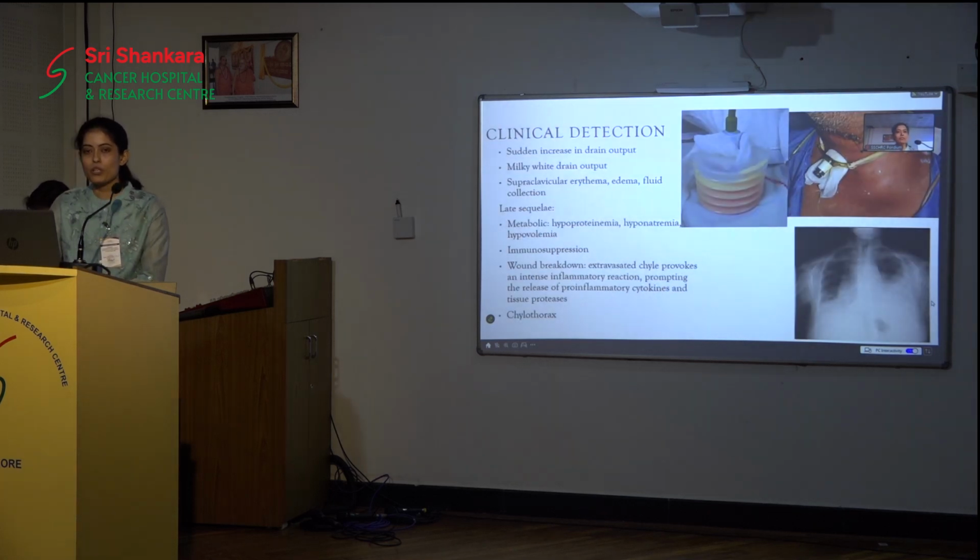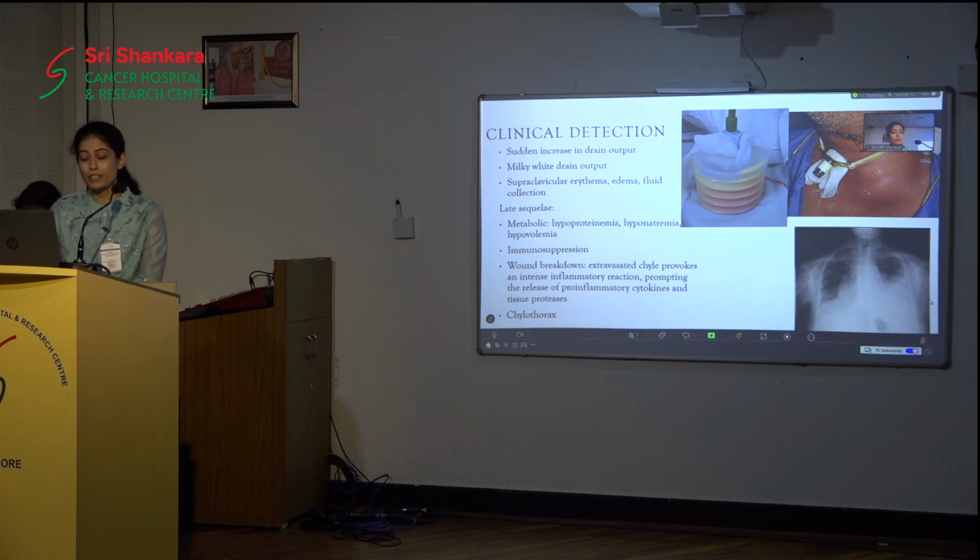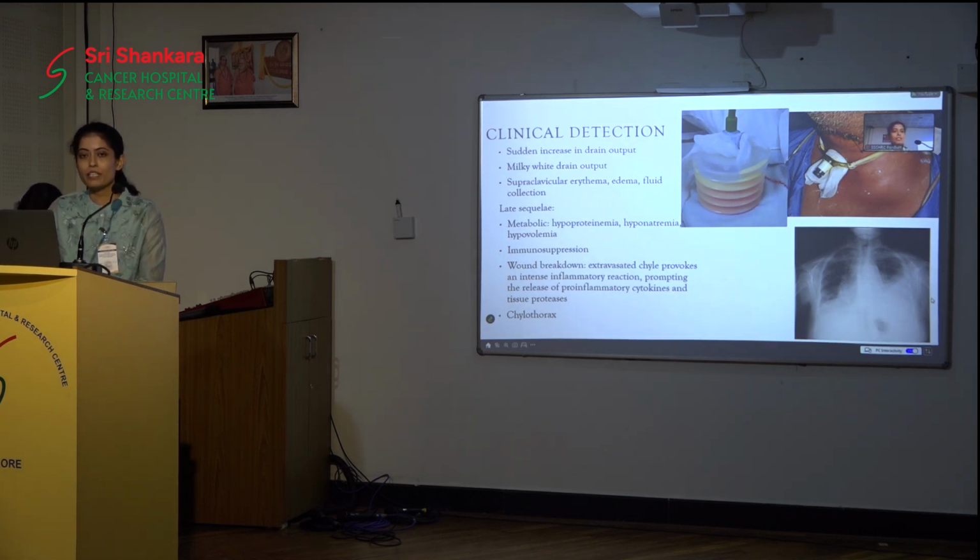Postoperative identification is mainly clinical. It typically manifests after the enteral feed has been resumed. You will have a sudden increase in the drain output. It will typically have a milky color, and you can also see a supraclavicular fullness. If the chyle leak has been there for a very long time, the overlying skin starts showing signs of inflammation.